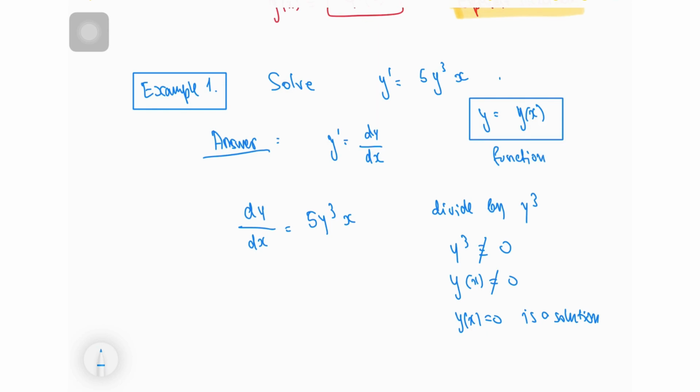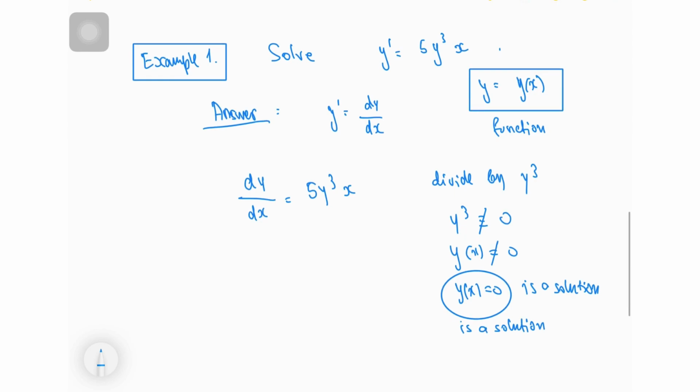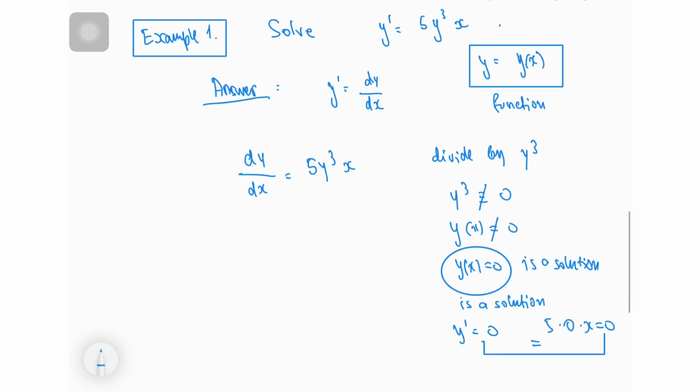So we cannot simply divide by y, but we also have to see if what we exclude is a solution. Now y of x equals 0 is also a solution. Why? Because y prime is then 0, and 5 times 0 times x is 0, so this is satisfied always. So y of x equals 0, which is a constant function, is a solution, and that we will keep for later discussion.